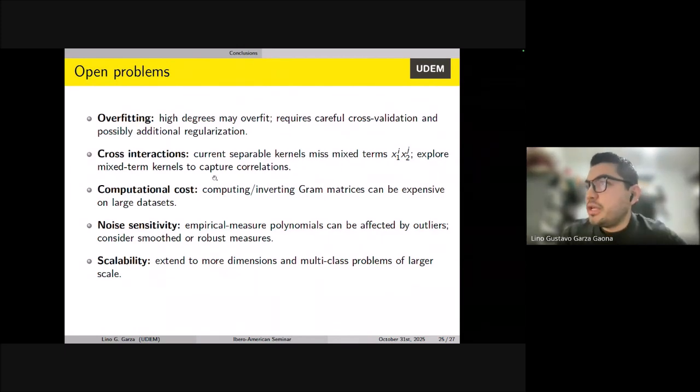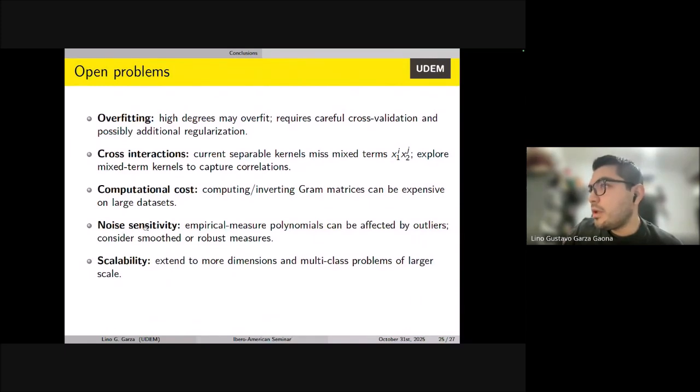Also, the computational cost wasn't a problem here, but maybe when we consider larger data sets, this can become a problem, since we have to invert a matrix, which can be computationally costly.